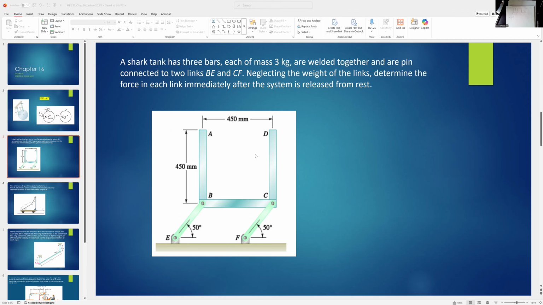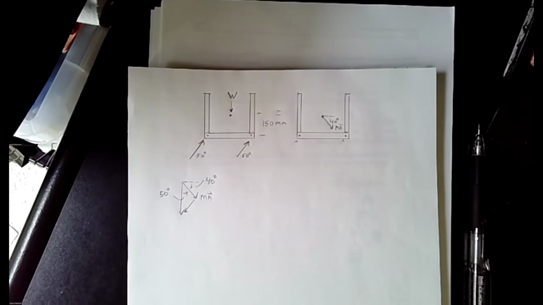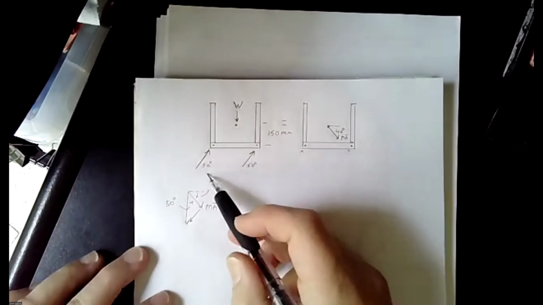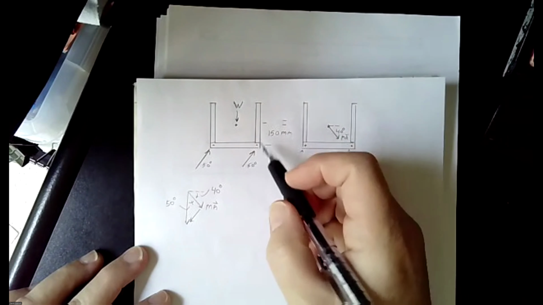So the first thing we're going to do is, because we know that MA, the mass times acceleration of the center of gravity, is going to be important, we have to figure out where it's located so that we can determine what moment it creates. Looking at my diagram here, we have weight in the middle. We have 50 degrees, 50 degrees.